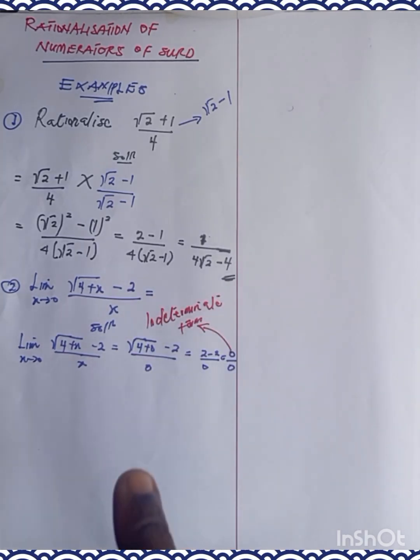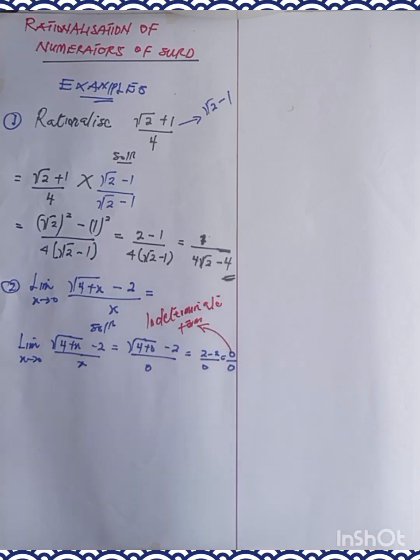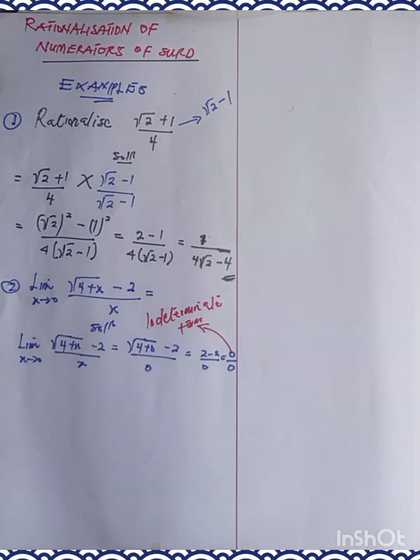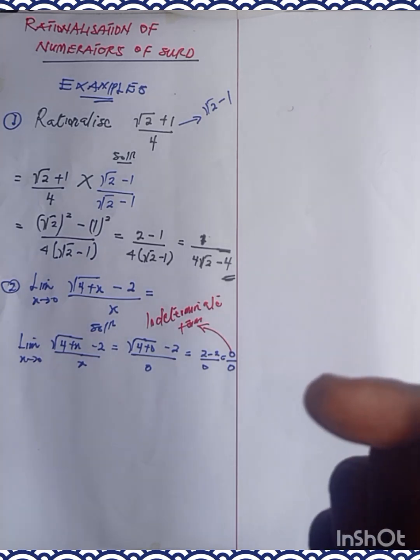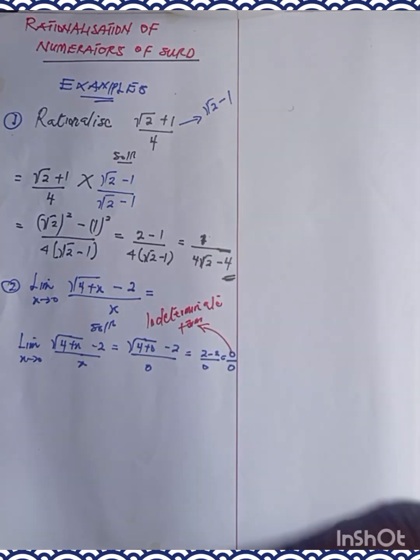This is what we don't want to achieve. We don't want to get something like this. So it means that we have to massage the function in order to achieve what we want. So in massaging this function, it calls for the rationalization of the numerator.